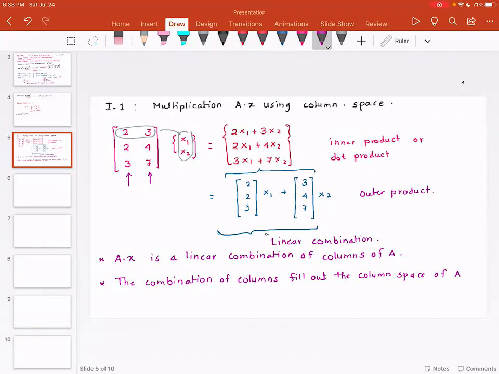Now, here we are trying to think about the matrices as something like a space. Now, let me talk about what do I mean by the space.